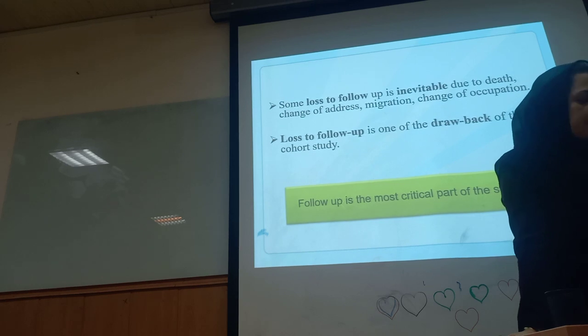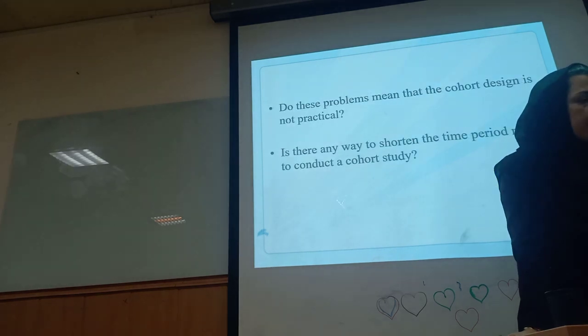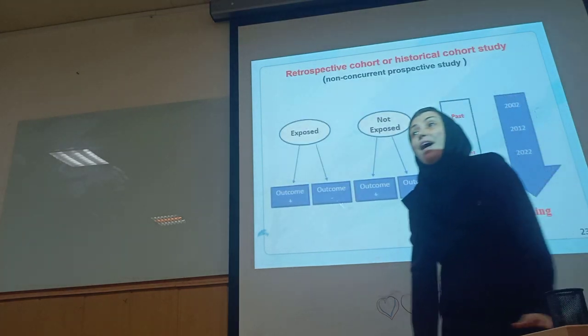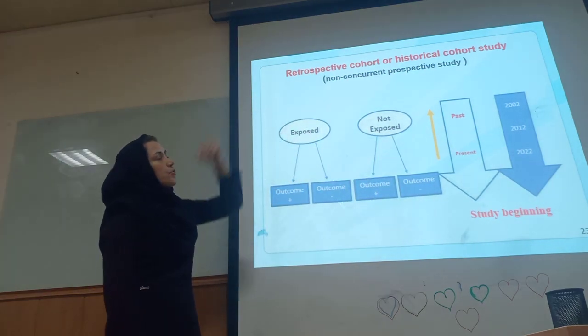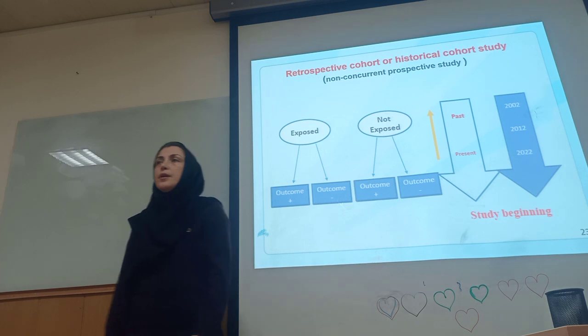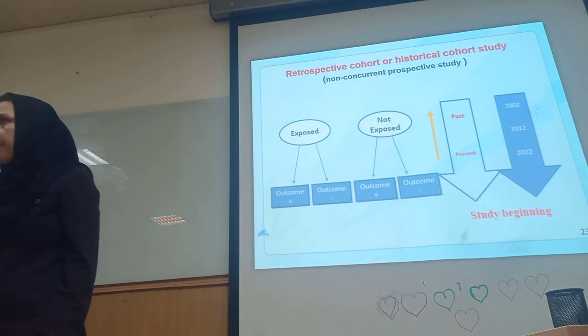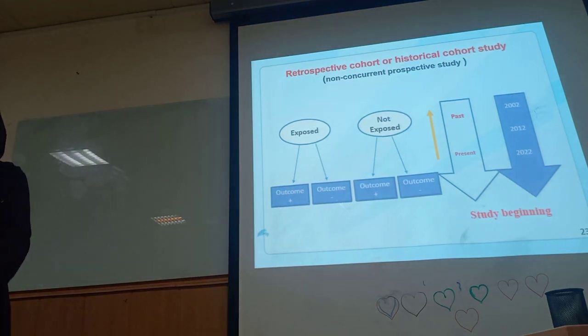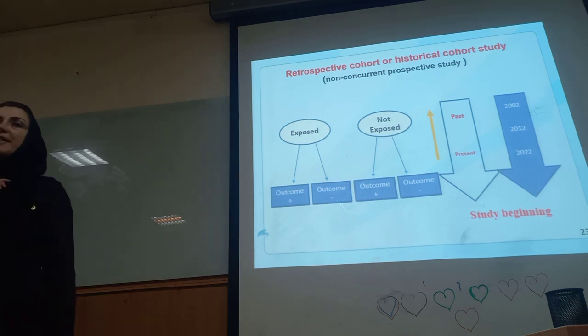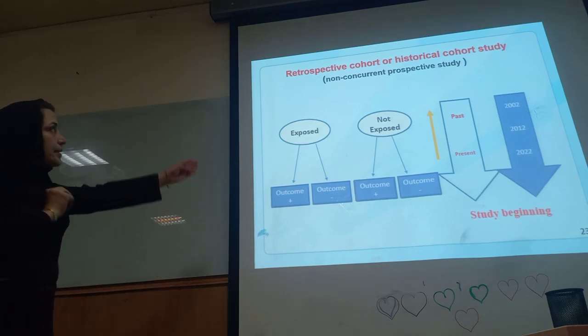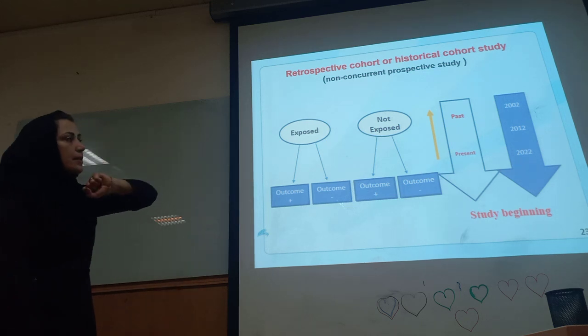Think about it. We have another type of cohort study that is retrospective cohort. That was prospective cohort. We select the individuals here and follow them by calendar time. But here, it is retrospective.